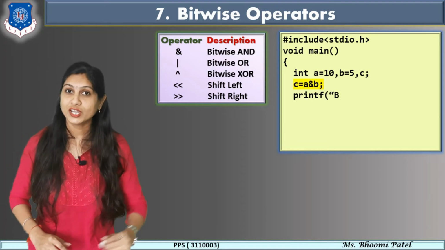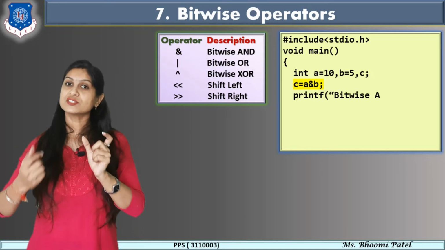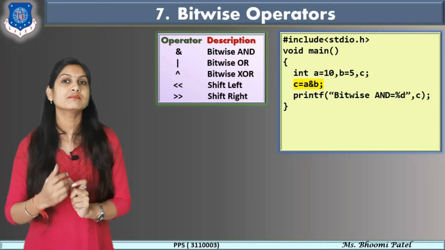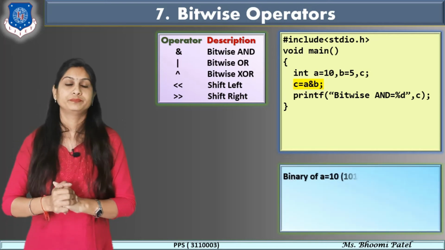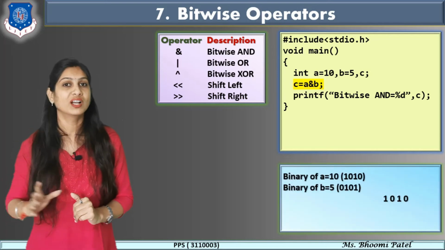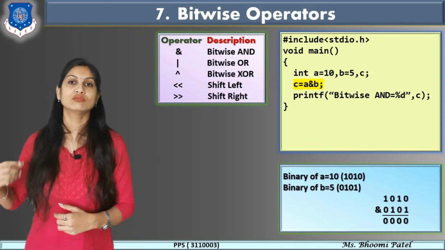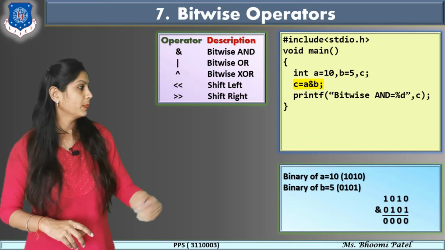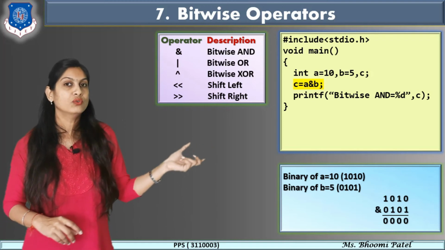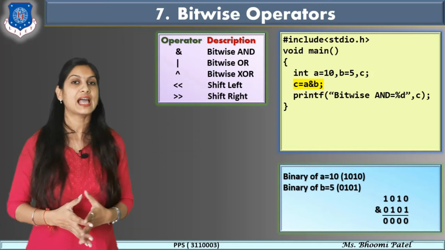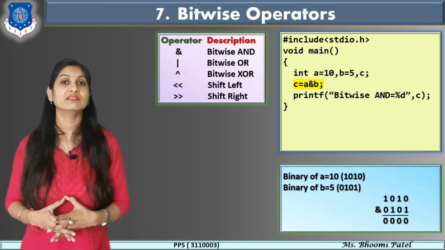How is it executed? It is executed on binary numbers. So first you have to remember the binary values. What is the binary value of 10? It is 1010, and for 5, the binary value is 0101. According to the binary values, you choose which operation you want to perform. Here I am taking the example of bitwise AND.